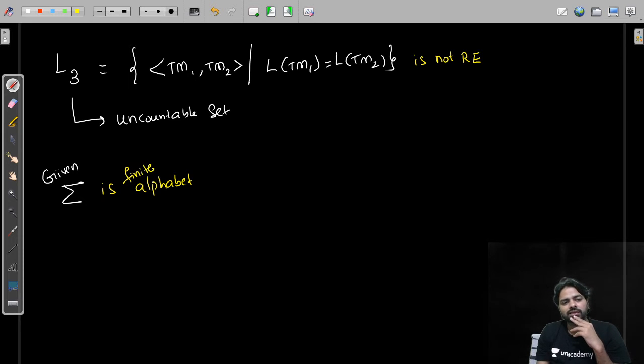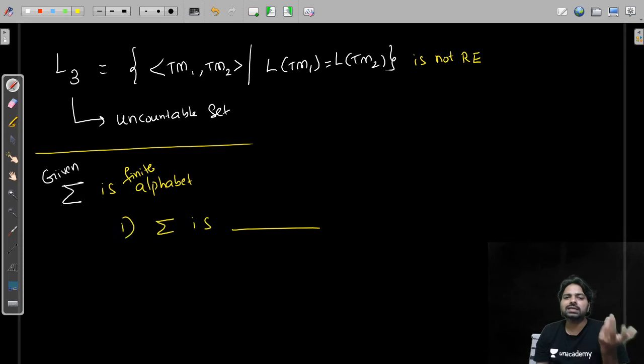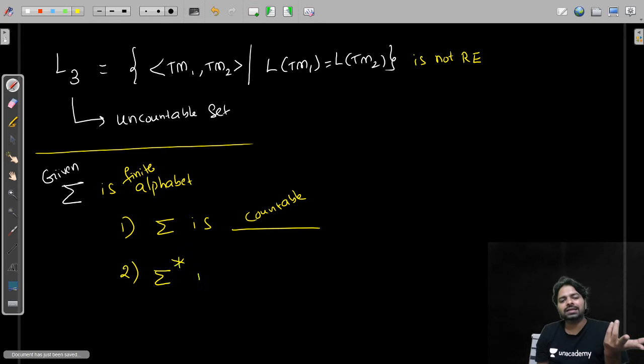Now I'm asking the question. Question 1: Sigma, is it countable? It is finite, so countable, no doubt. 2. Sigma star, that is a regular language, definitely decidable, so definitely countable.